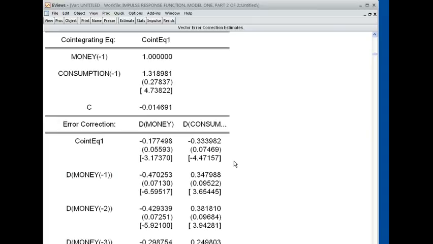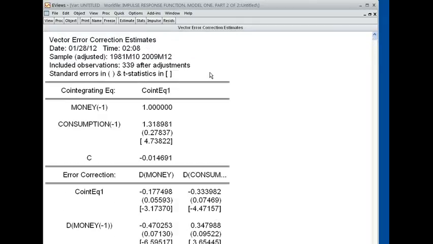So suppose this model is perfect, then we can run the impulse response functions, provided the model is statistically alright. Then we can check the impulse response function. So here is the icon, you can see, right?